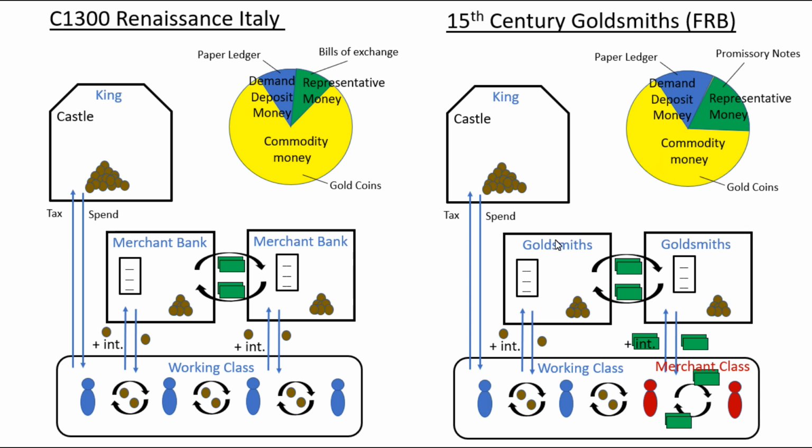So we arrived at this situation where we had fractional reserve banking, where the individual goldsmiths were lending out much more money than they actually had to be redeemed in their vaults. And this created a larger economy with more paper ledger money or demand deposit money and more representative money in terms of these promissory notes, but commodity money in the form of gold coins and silver coins was still circulating, and this was still quite a significant part of the economy.